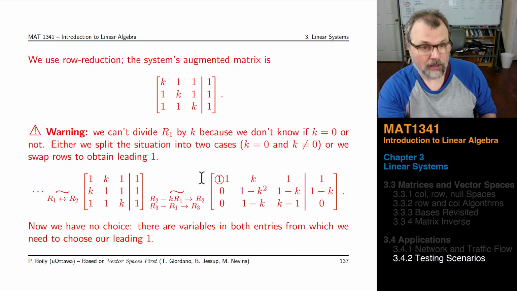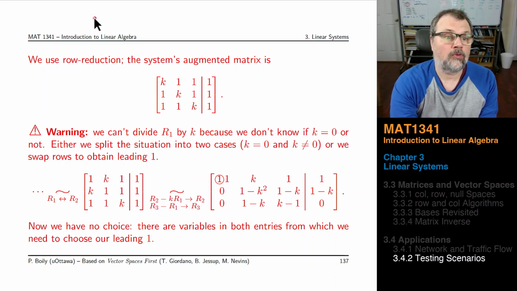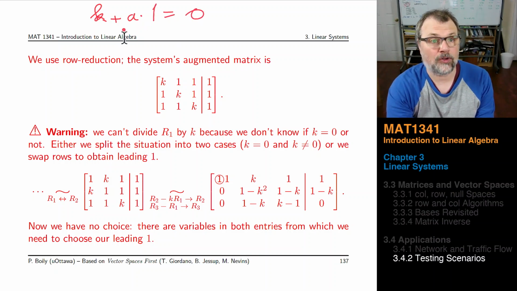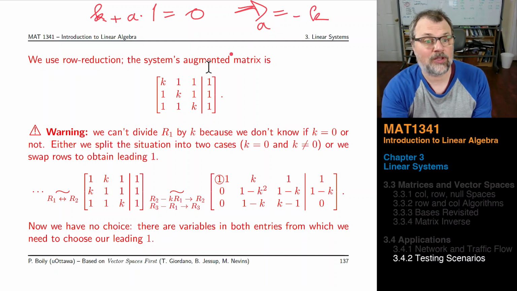What do I have? I would have row 2, which is k, plus a times whatever my row 1 would be, so a times 1. I would like this to give me 0. I don't know what a is going to be here. That's what I'm trying to figure out. It gives me an a which is minus k. So row 2 minus k times row 1 into row 2 will create a 0 here.